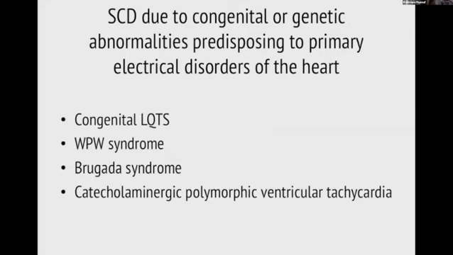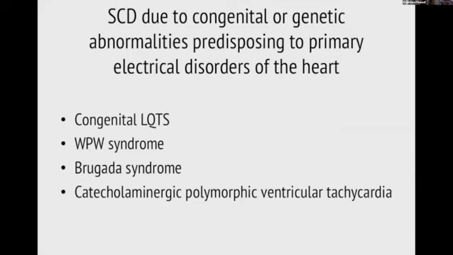Okay, sudden death due to congenital or genetic abnormalities predisposing to primary electrical disorders of the heart. So up to 40% of athletes who die suddenly have no identifiable cause at postmortem evaluation.